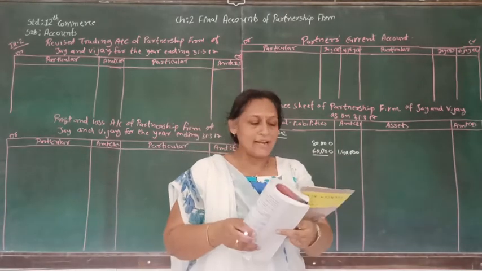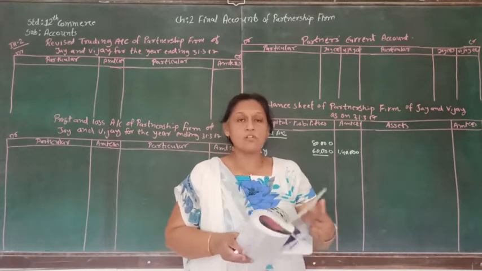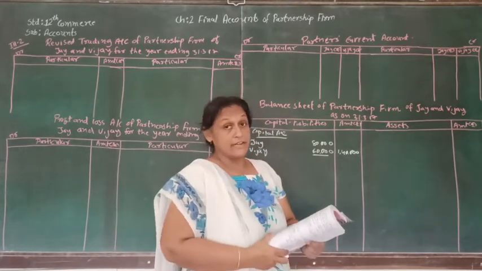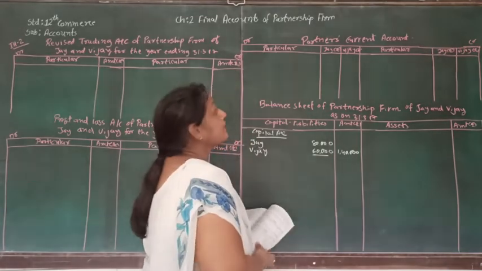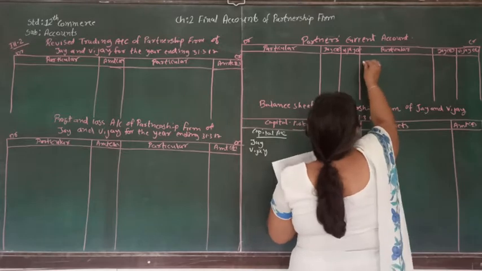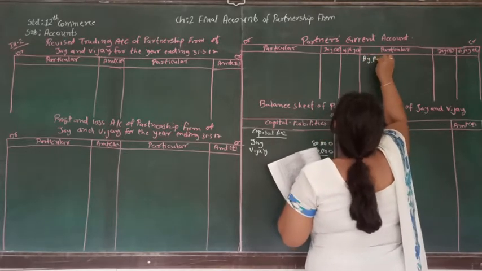Now there is a balance of current account. We can see that the balance of current account of Jay is given on the credit side, so we write that on the credit side of the current account by balance brought down.